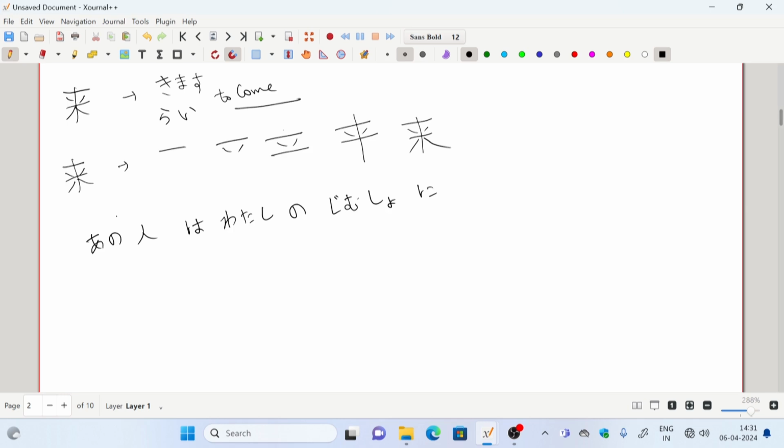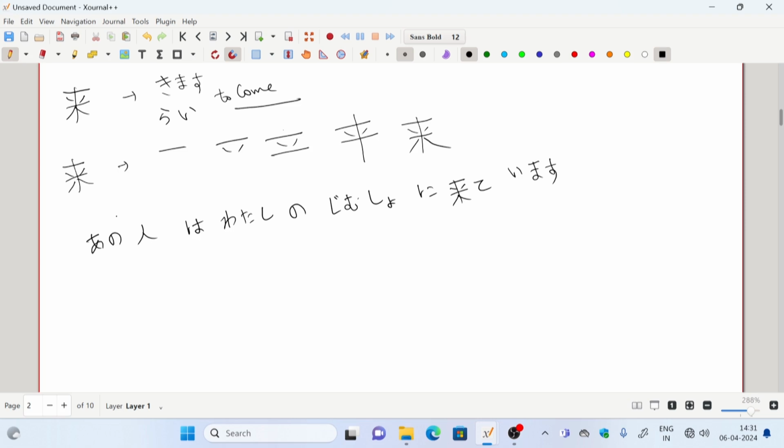Kimasu te form will be kite imasu. So here kite we can write in kanji. Ano hito wa watashi no jimusho ni kite imasu.